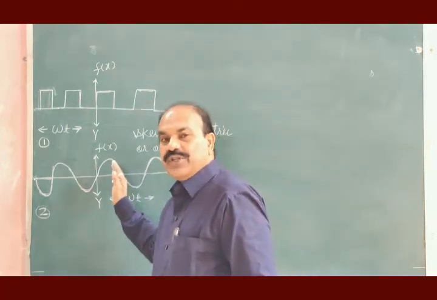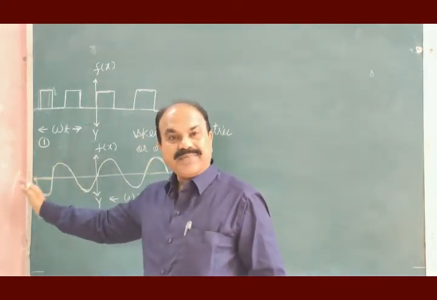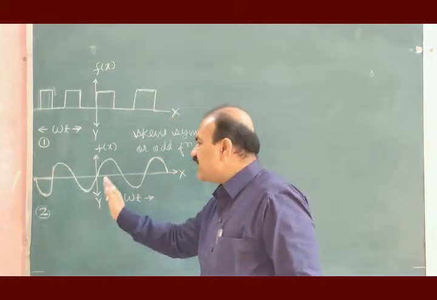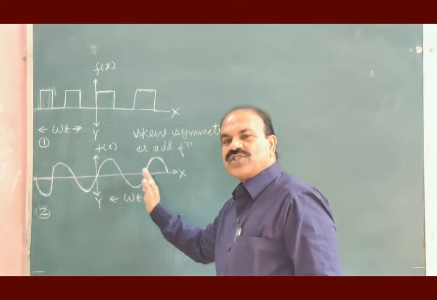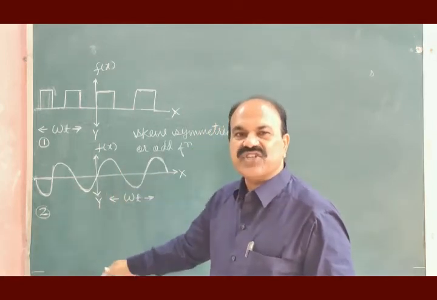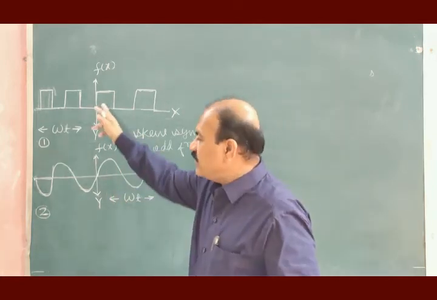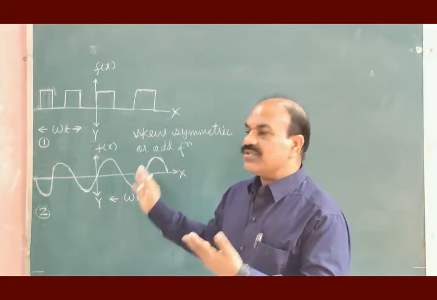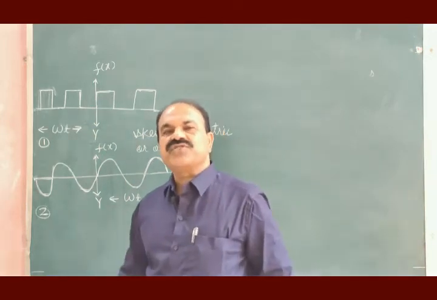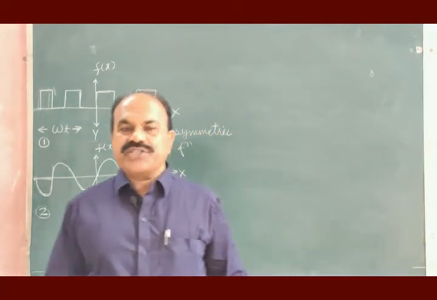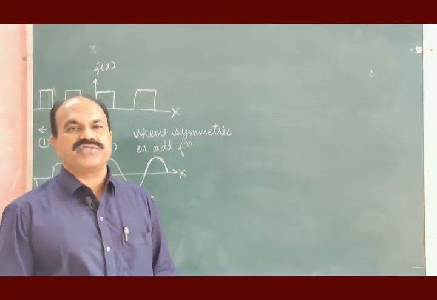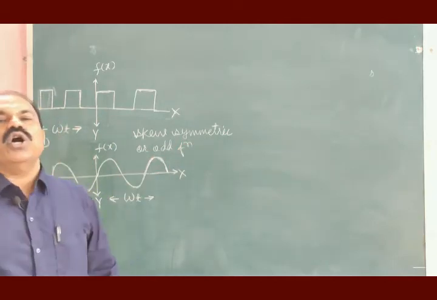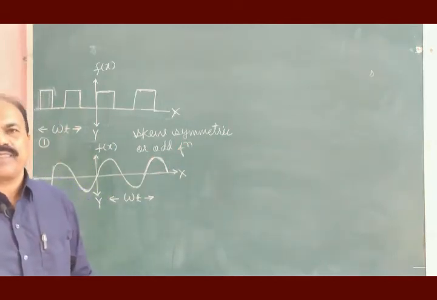So, the function on the left side of the function axis is not the same as the function on the right side of the function axis, in figure 1 as well as in figure 2. Such functions are known as skew symmetric functions or odd functions.